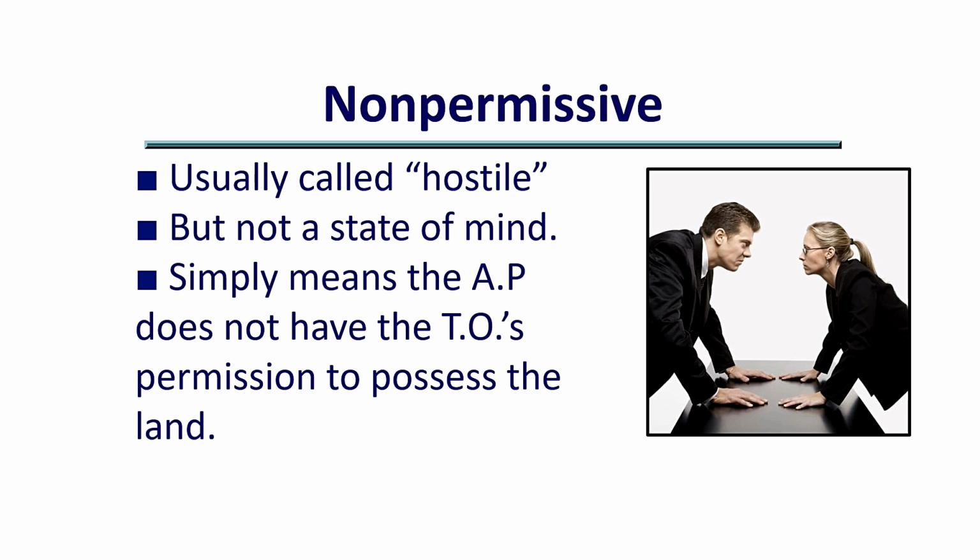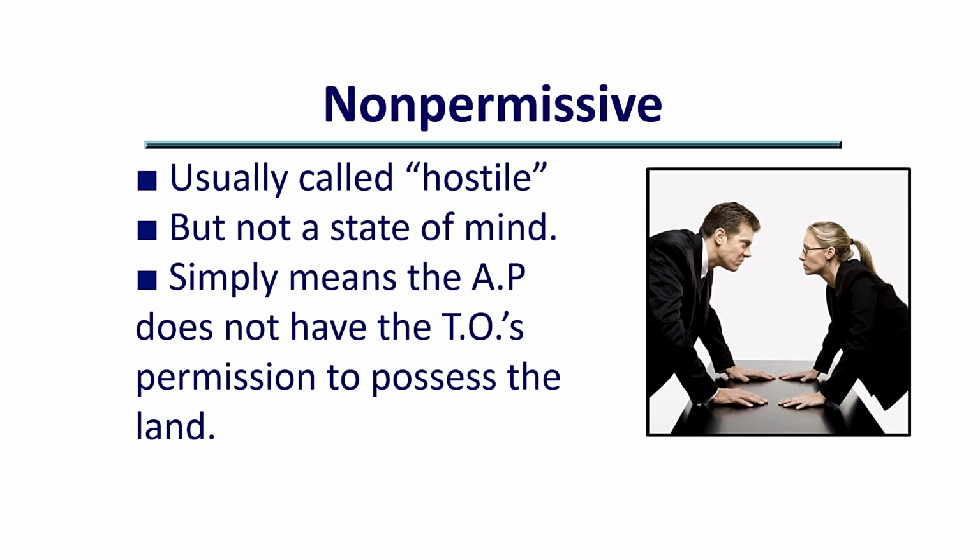If you have permission, you can't ever succeed. You might wonder about the case in which the adverse possessor starts out being non-permissive, and then after he or she has been there for a while, the true owner comes to the adverse possessor and gives them permission. Does that mean they can't succeed in their adverse possession claim?